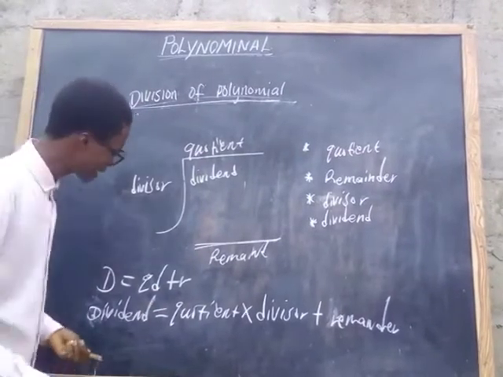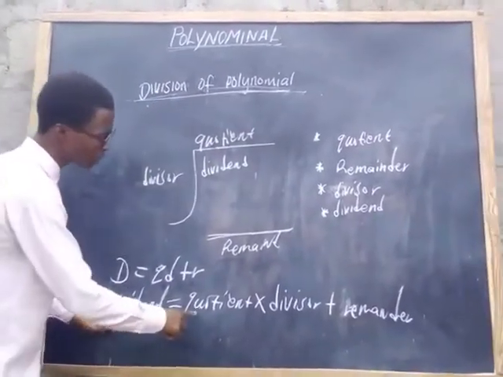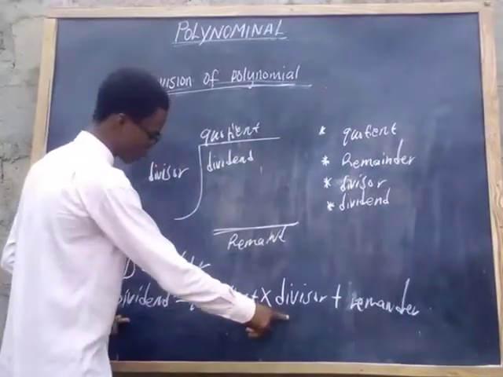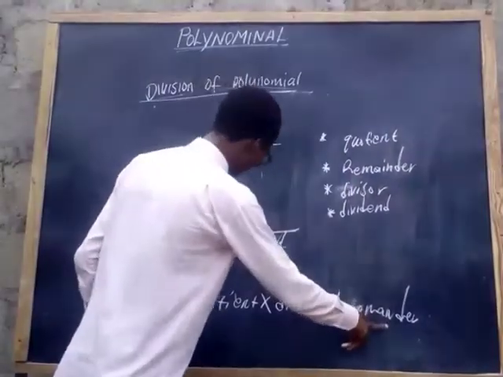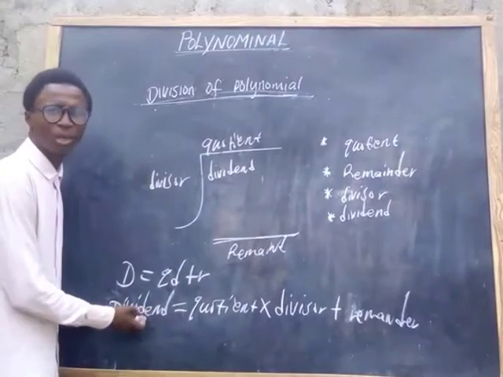If you use this formula, if you multiply the quotient times the divisor plus the remainder, you get the dividend.